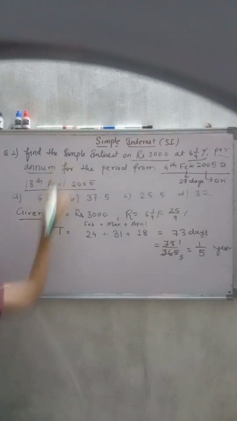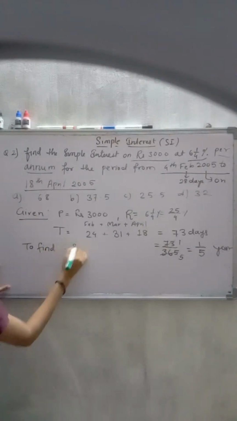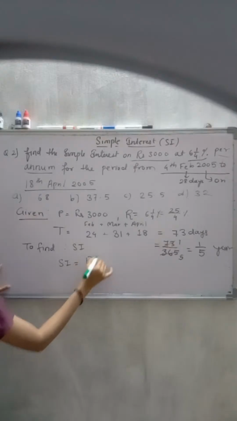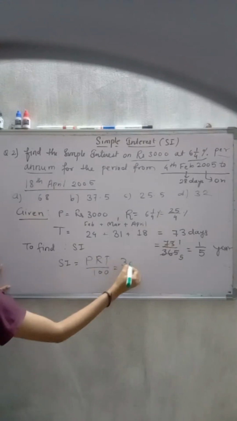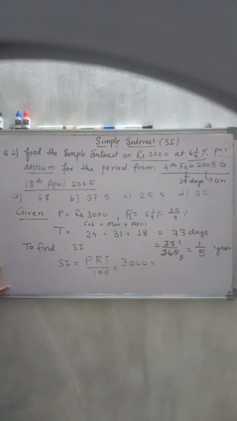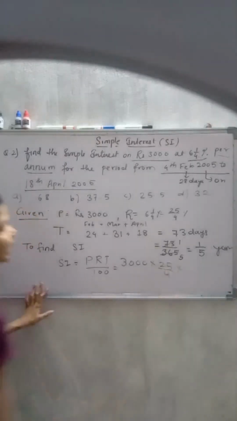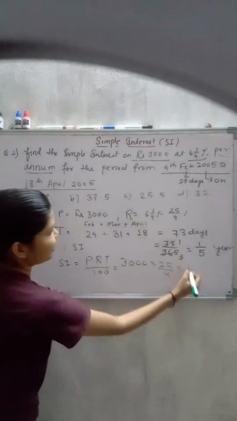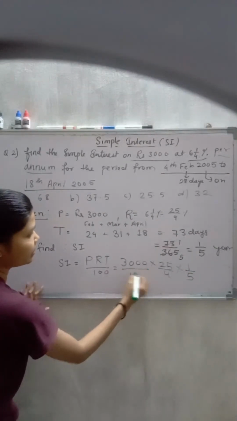Now we want simple interest, SI. We will use the formula of SI. SI is PRT by 100. P is the principal amount given as 3000. Rate of interest 25 by 4. Time period, we have calculated as 1 by 5, and divided by 100.